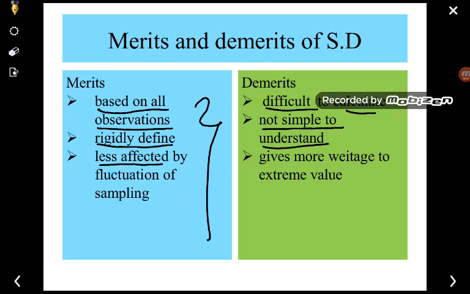Mean means adding everything and then dividing by the number of observations. But here we have to find the deviation. We have to find the summation of FD. So we need a certain understanding. It is not so simple to understand. It is a little difficult, and it gives more weightage to the extreme values.